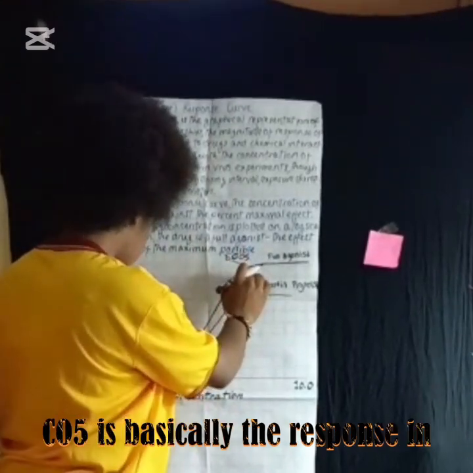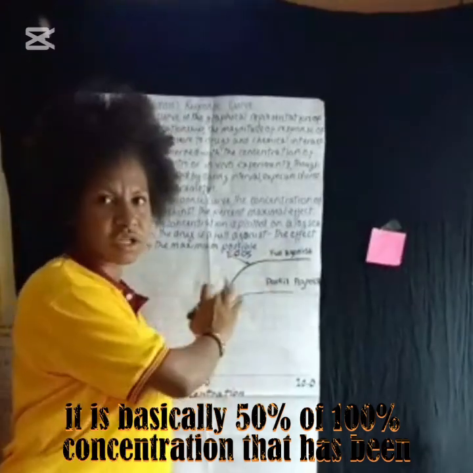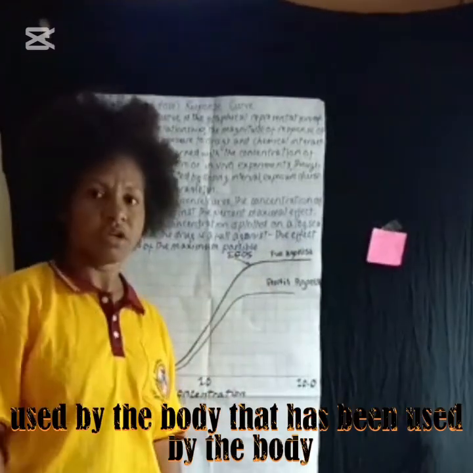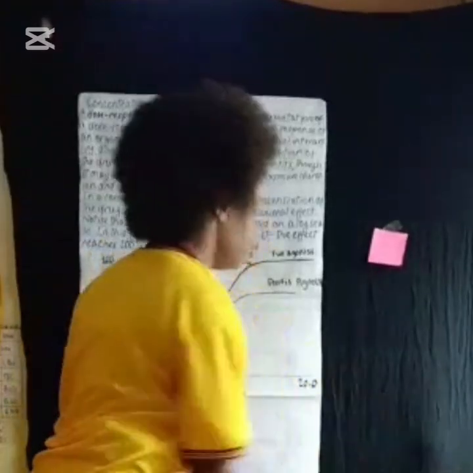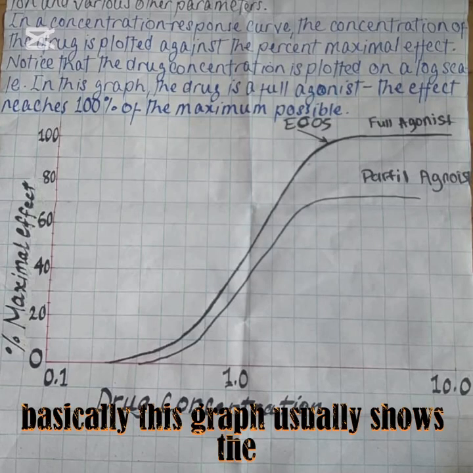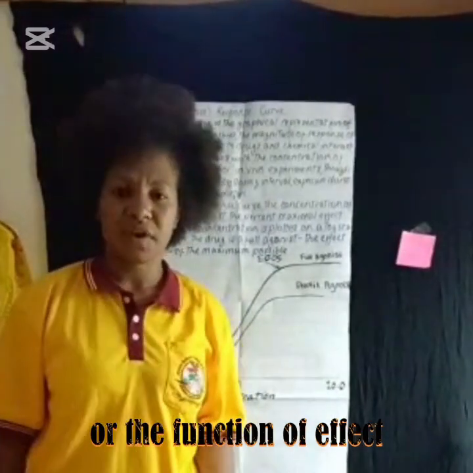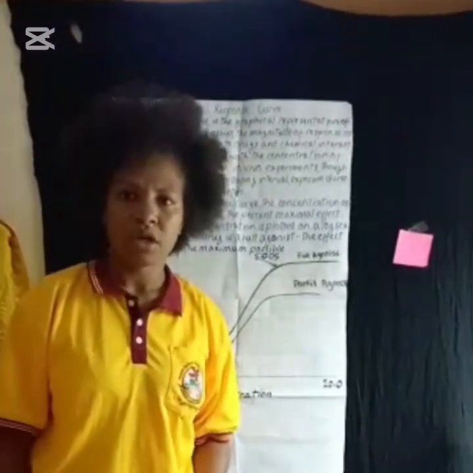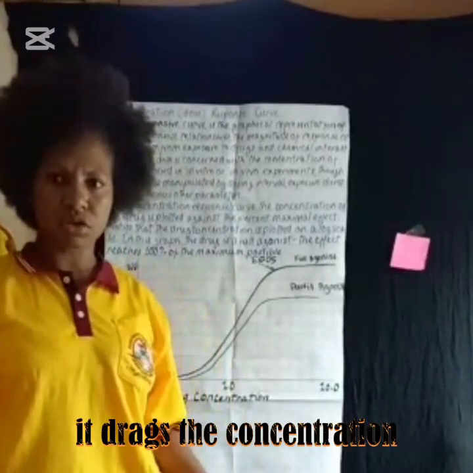EC50 is basically the response, it is basically 50% of 100% concentration that has been used by the body. So basically this graph usually shows the amount or the job or the function of effect that the drug has on our body. So sometimes, due to fats and stuff like that, it drags the concentration.